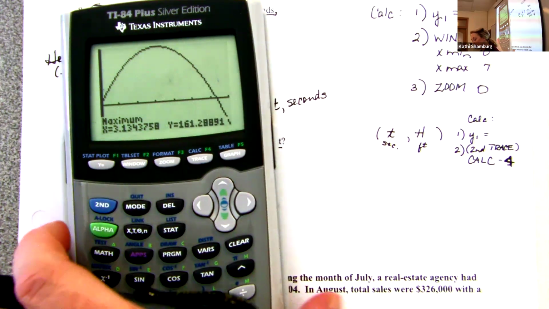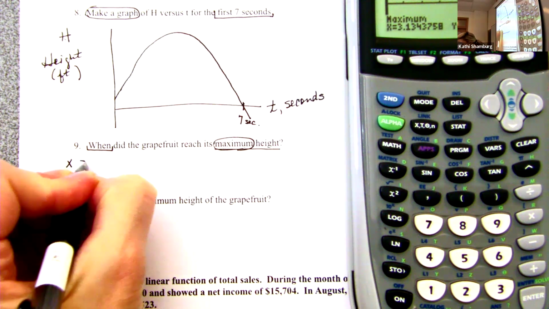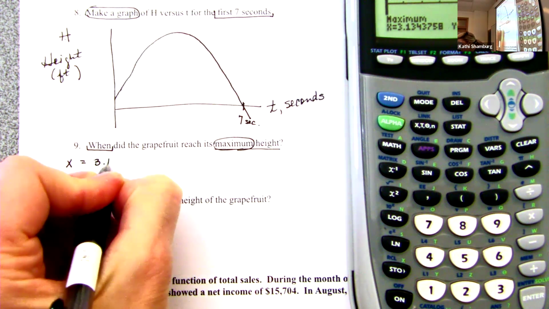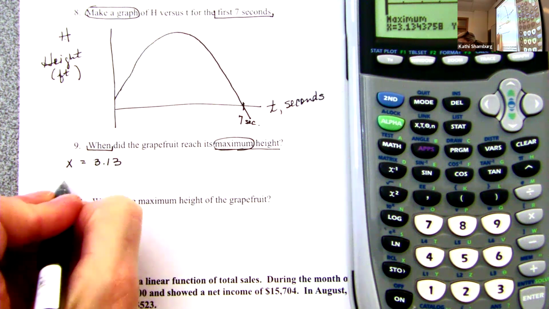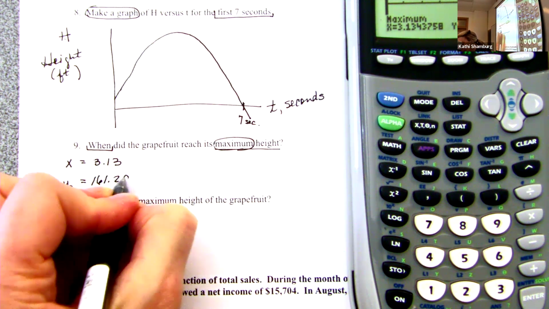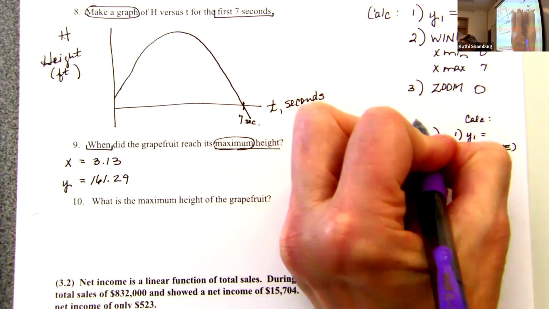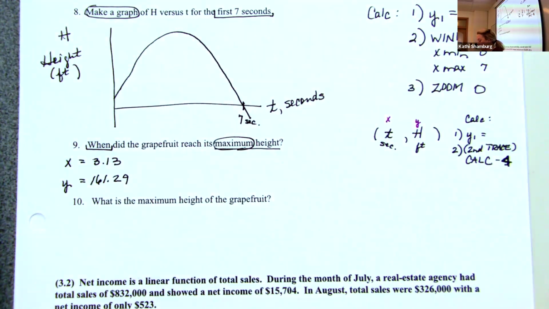So then you're going to get 2 numbers. You're going to get x equals 3.13, and you're going to get y equals 161.29. Now, this is where you've got to know which is your variable and which is your function. Variable is x, function is y.